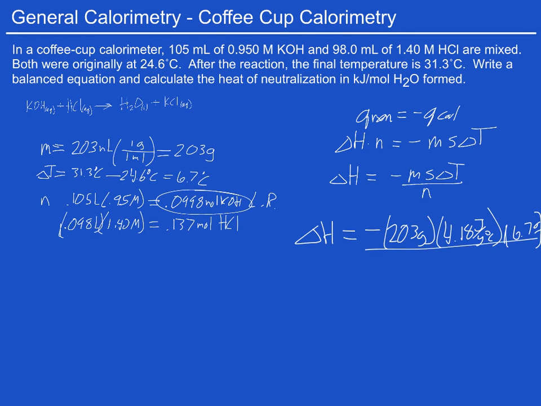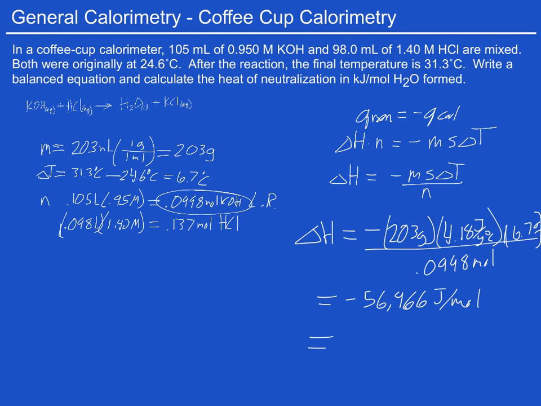We're going to divide that by the moles of the limiting reactant, so 0.0998 moles. And what we're going to get out of this is going to be negative 56.966. Remember, this is joules per mole, and this is per mole of water, because as I said, 1 to 1, 0.0998 moles of KOH makes 0.0998 moles of water.